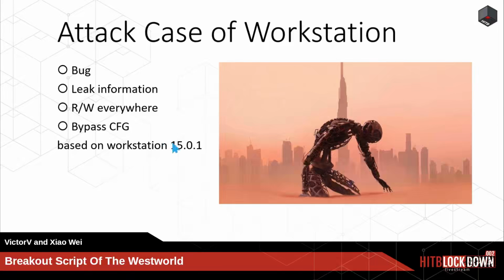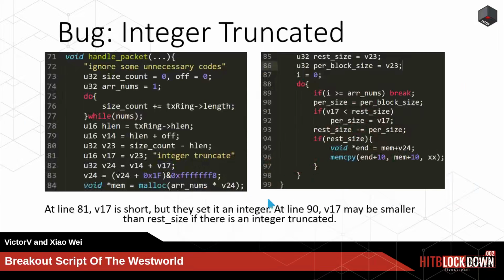Let's start another case. Let's say difficult the first time, easy the second time. Here is a bug function. I had some unnecessary code, so don't get confused by the code logic. Data of memory is controlled by the guest.